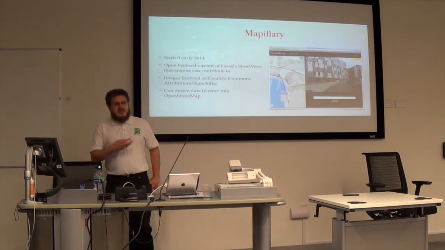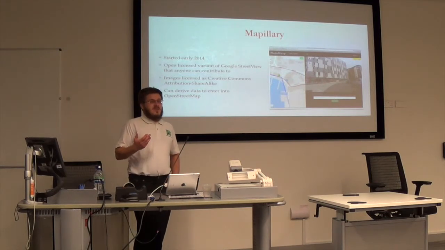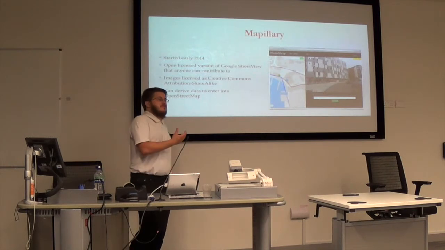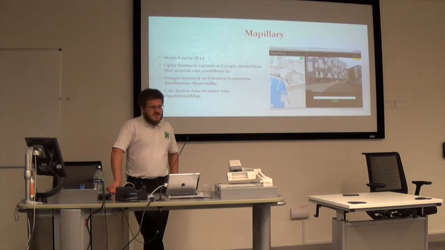Whereas with Mapillary, the license explicitly allows you to take any of the images that you've got there and derive information out of it to put into OpenStreetMap.